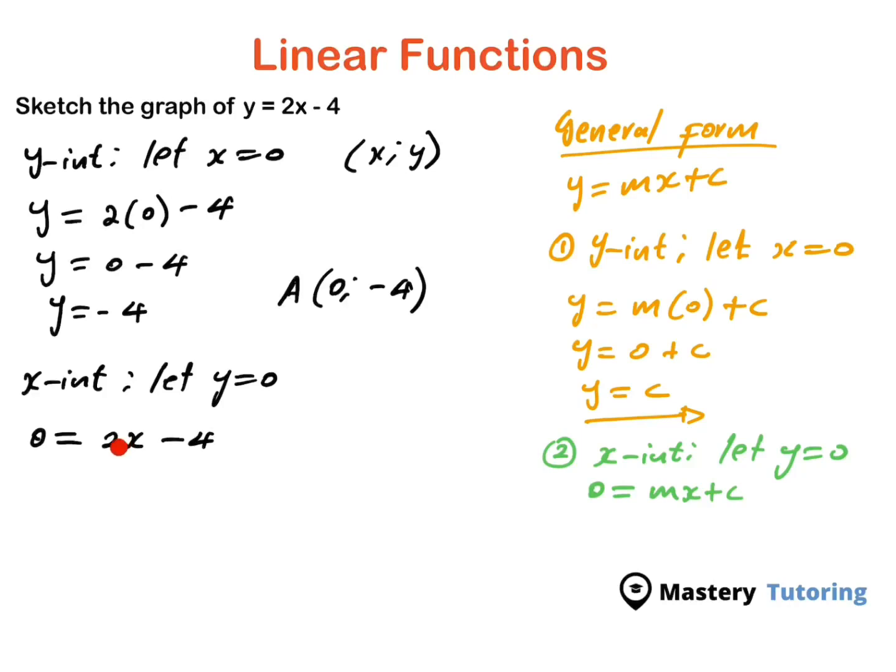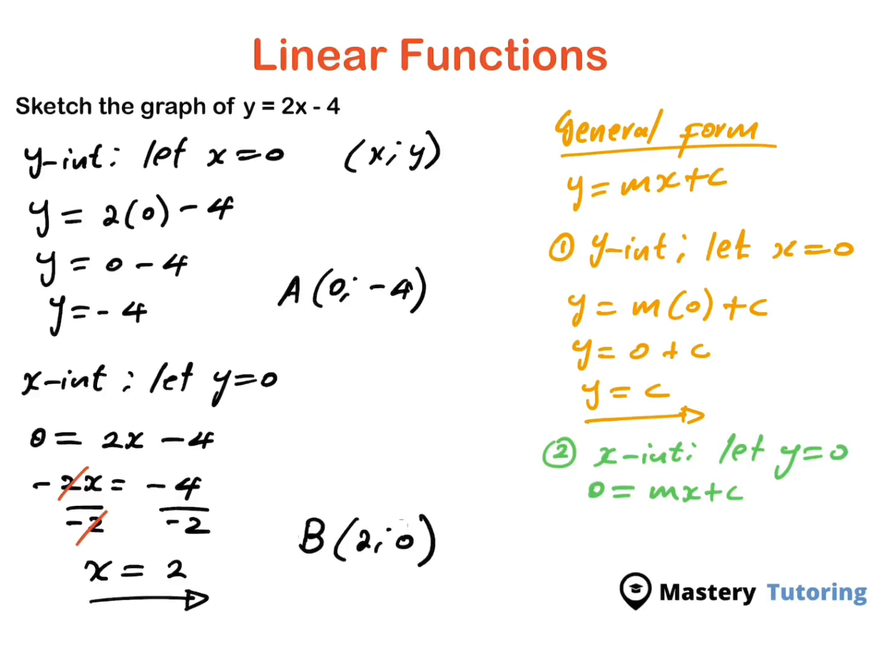Now we solve for x, meaning we take the 2x to the left side, so it becomes negative 2x is equal to minus 4. Then we divide both sides by negative 2, and the negative 2's cancel. The answer is 2. Therefore, x is equal to 2 when y is equal to 0. We call this point B.